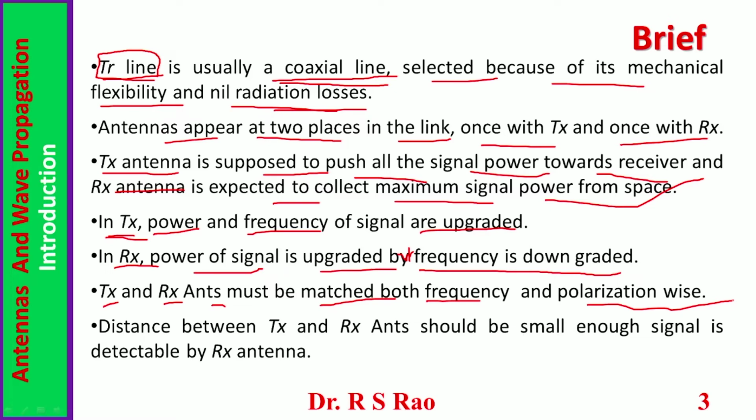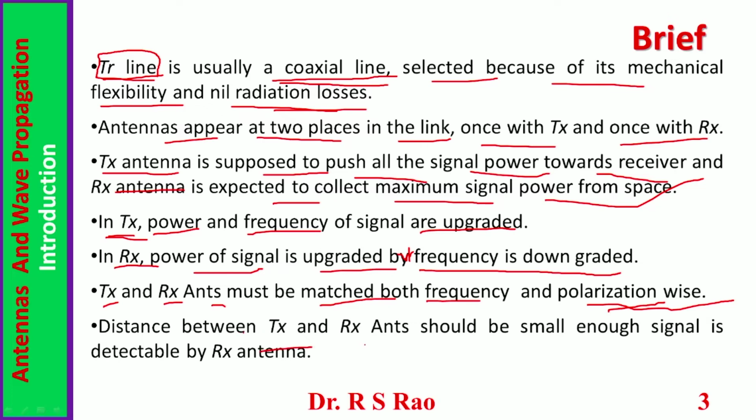Similarly, polarization match is also essential. If the transmitting antenna is emitting a horizontally polarized wave, then the receiving antenna also must be polarized to receive that horizontally polarized wave. It is called polarization match.